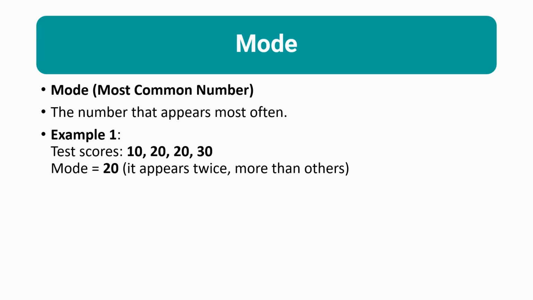In this case, we do not have to arrange the data. Data can be in any random order, but if we look at the data, we should be able to identify the value occurring the most. For example, in this data set, 20 is repeating twice. So in this case, we can consider 20 as the mode.